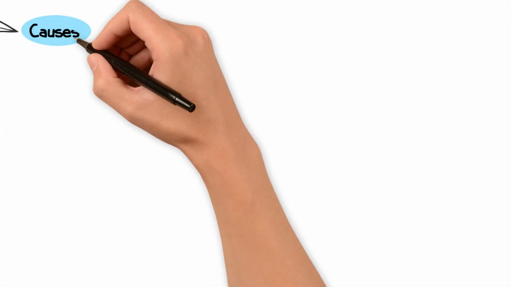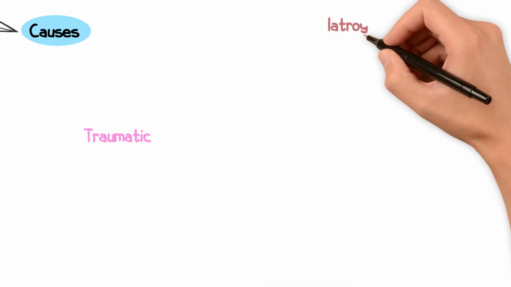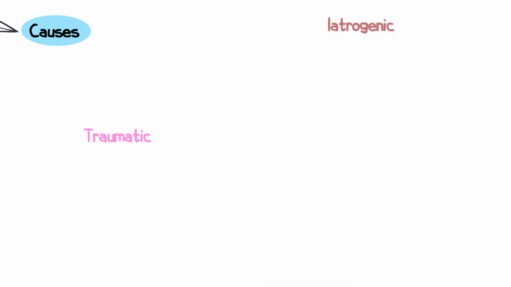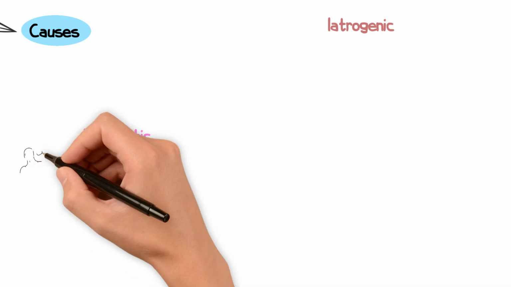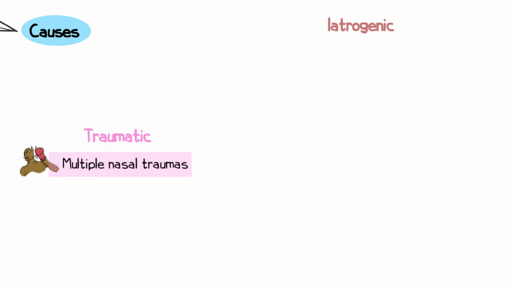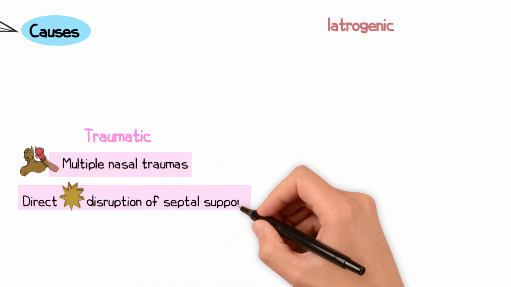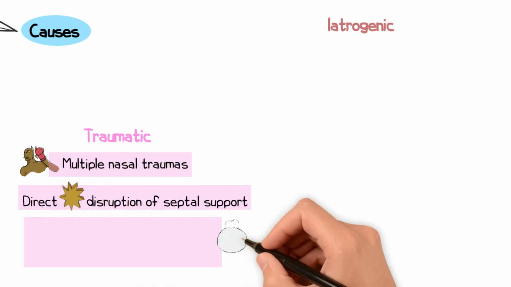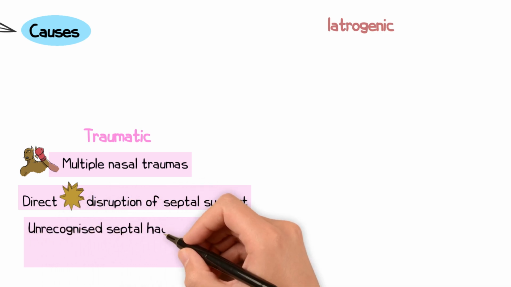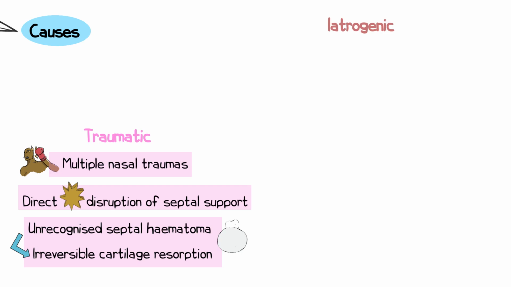The commonest causes of a saddle nose deformity are traumatic and iatrogenic. In traumatic cases, it is commonly seen in patients who have had multiple nasal traumas such as boxers. In these cases, there may be direct disruption of septal support, or they may have had an unrecognized septal hematoma, which in turn can lead to irreversible cartilage resorption.